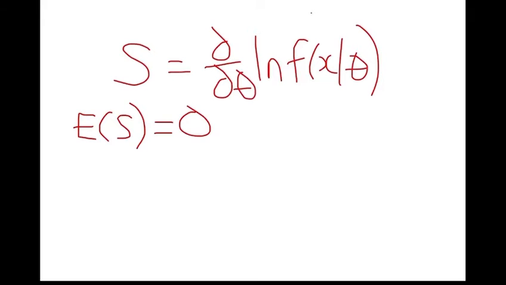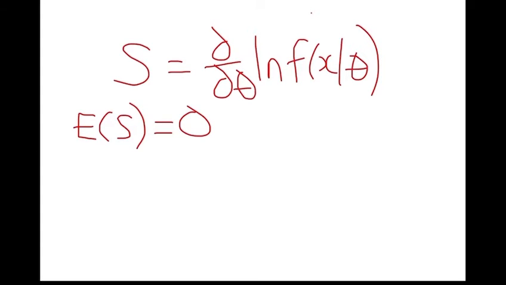And if that happens, it means in our estimation, we're not going to underestimate, and we're not going to overestimate. The implication of the expected value of a score function being 0 is very, very crucial in the consistency of a parameter.